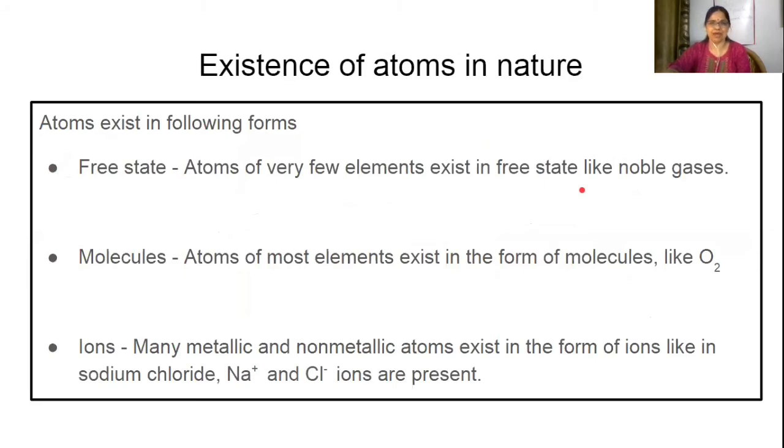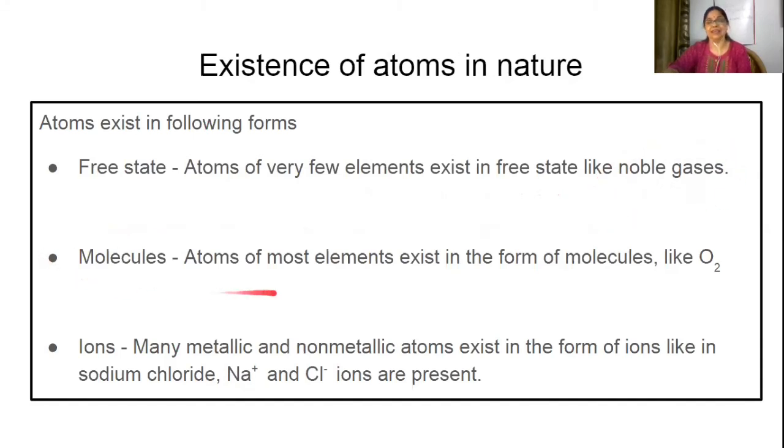Even they do not combine with their own atoms. So they exist freely in nature. That is why they are called noble. Noble people do not mingle with the normal population, right? So noble gases alone, and they also say the king is always alone. So this noble gas is always alone.